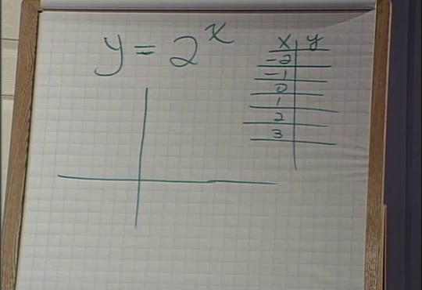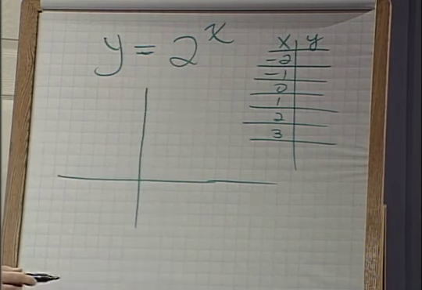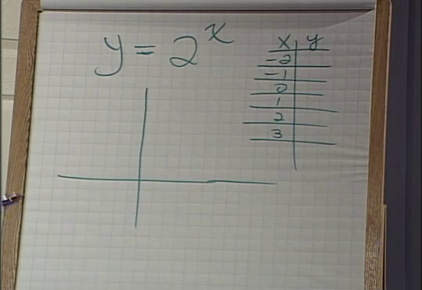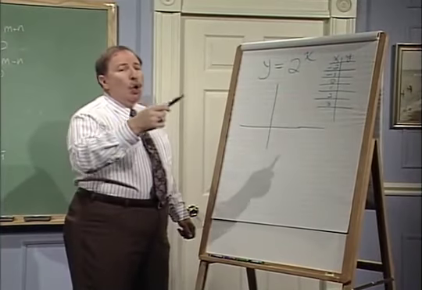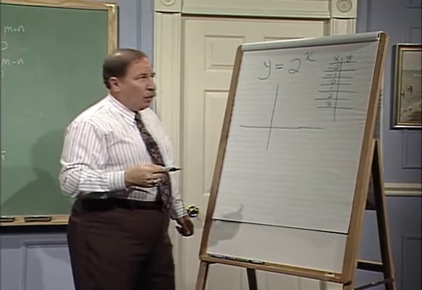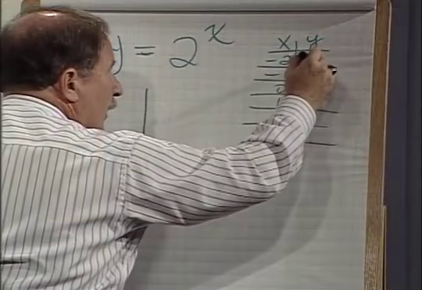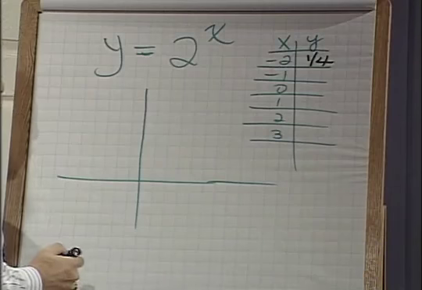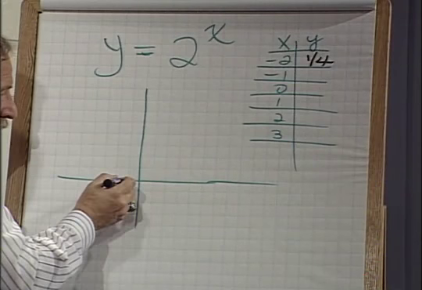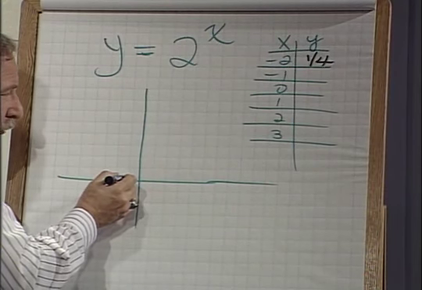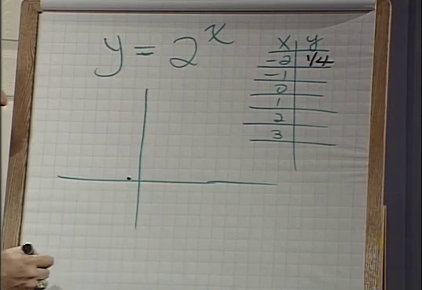Now, what happens when x is negative 2? What is 2 to the negative 2? Remember, the negative power means the reciprocal, so 2 to the negative 2 would be 1 over 2 to the second, or 1/4. Put that in here. And plot the point. When x is negative 2, y is 1/4, right here.